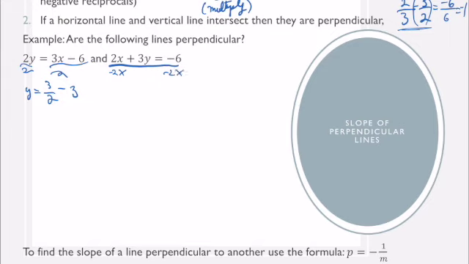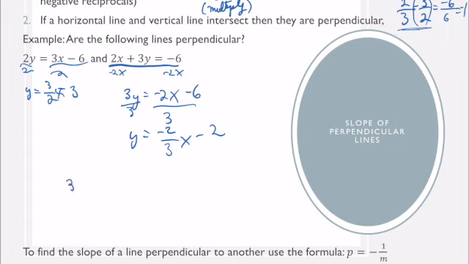So I'm going to subtract 2x from both sides. 3y equals -2x minus 6, divided by 3. That means y equals -2/3 x minus 2. So now I have my two slopes, so let me multiply them together. I have 3/2 times -2/3. You can see I'm not really creative with examples, am I? That gives me -6/6, which is -1.